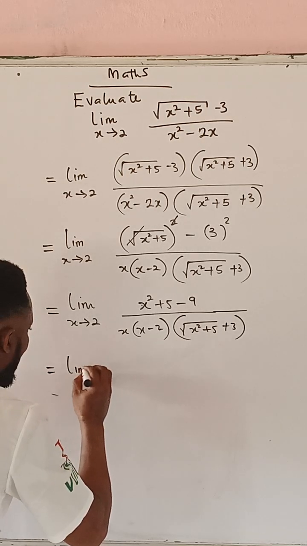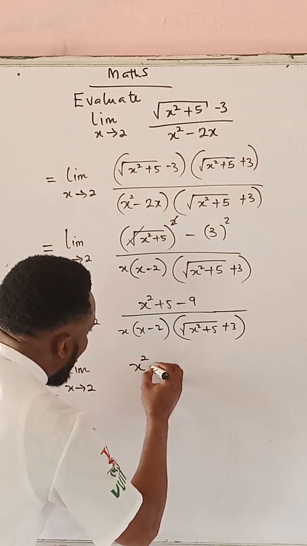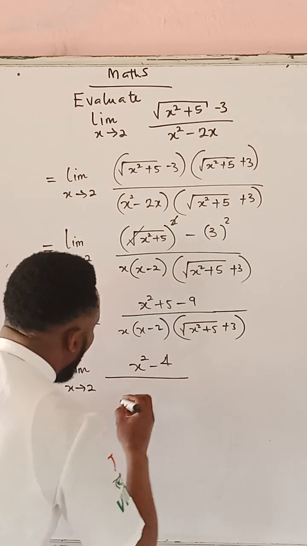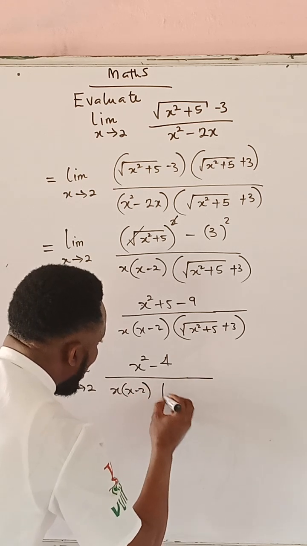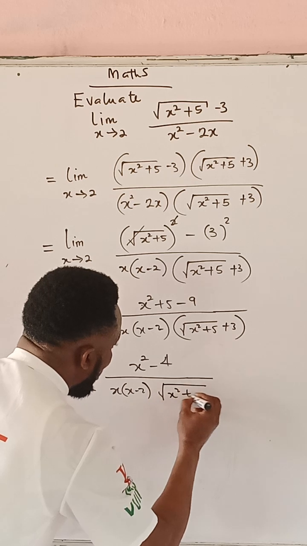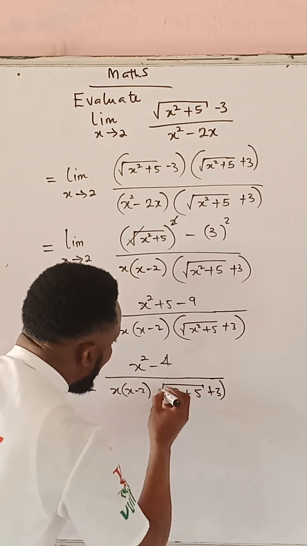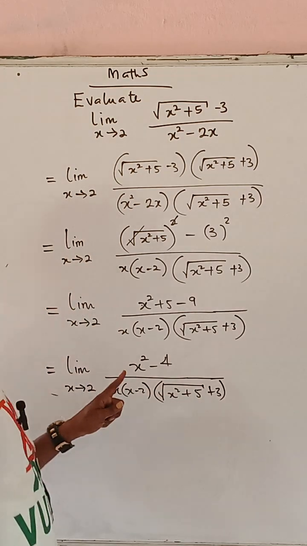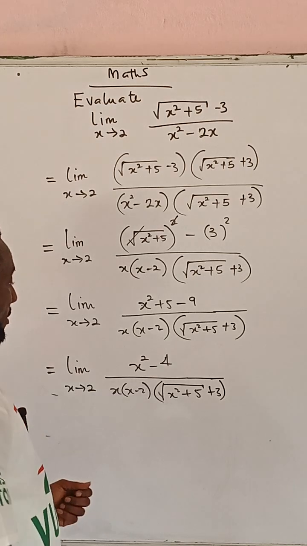I'll have limit as s tends to 2, s squared minus 4 upon s into s minus 2, then the square root of s squared plus 5, then plus 3. Put this in parentheses as well. Now, if you check the numerator, 4 is a square number.